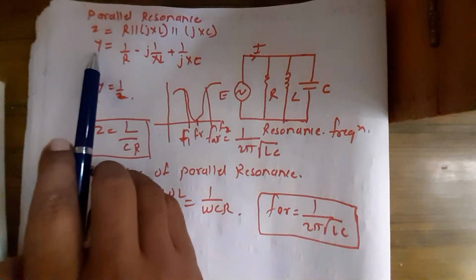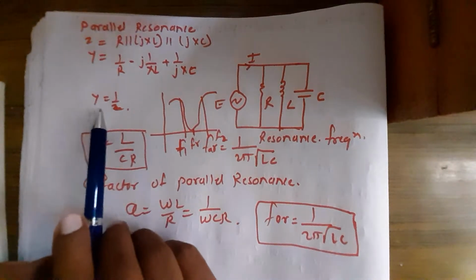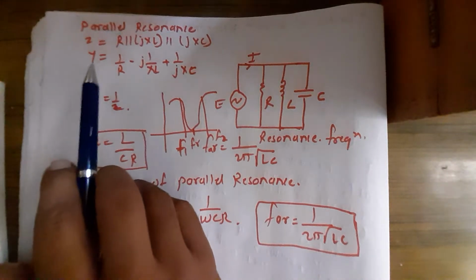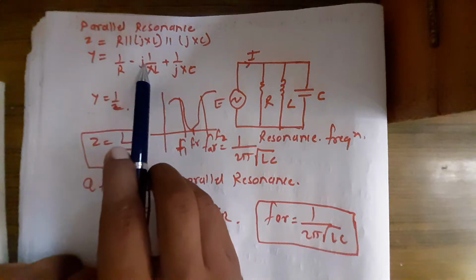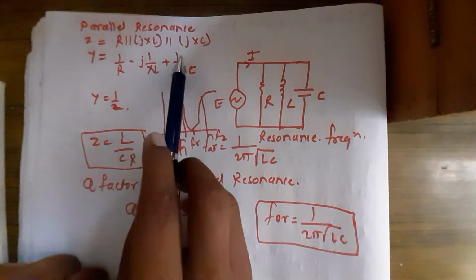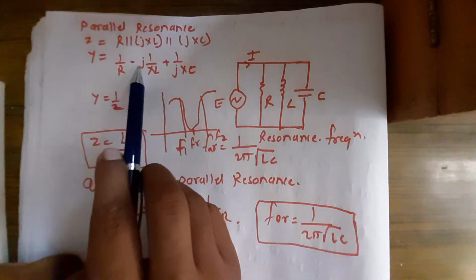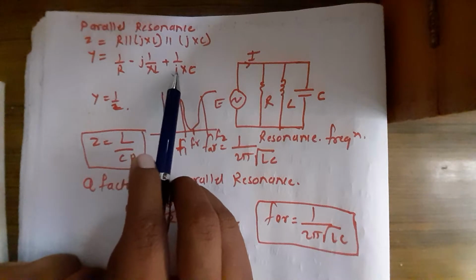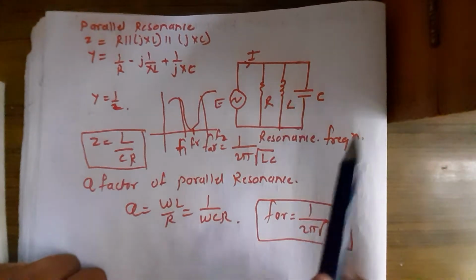So we have to write the equation in admittance form. Admittance is basically the inverse of impedance. So Y equals 1 upon R, minus j times (1 upon XL plus 1 upon XC). In the previous circuit we took XL as plus and XC as minus, but here it is reversed because these are connected in parallel configuration.